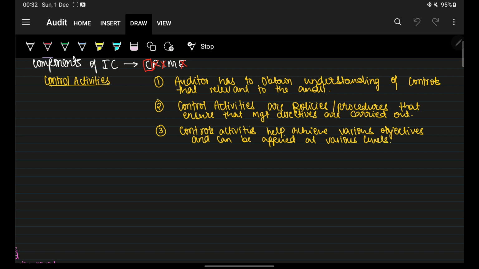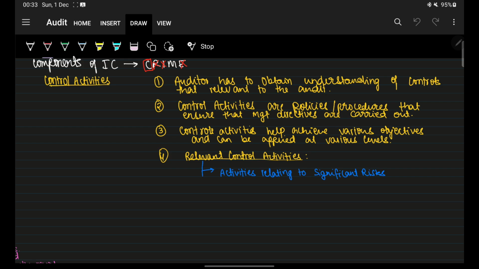Okay, next, the fourth point was: what are relevant controls, relevant control activities? Relevant control activities are activities relating to significant risks.